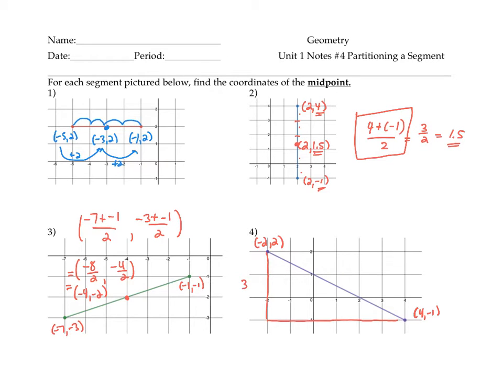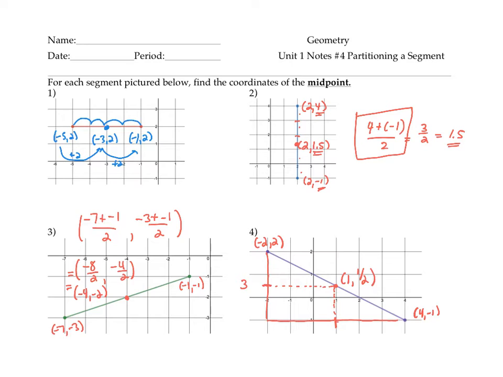Well, half of 3 would be 1.5 right here. Half of 6 would be 3 right here. And notice where they meet is right at that point. So this tells me that if I try my new rule, which is averaging those two endpoints, we should end up at the point 1, 1/2.